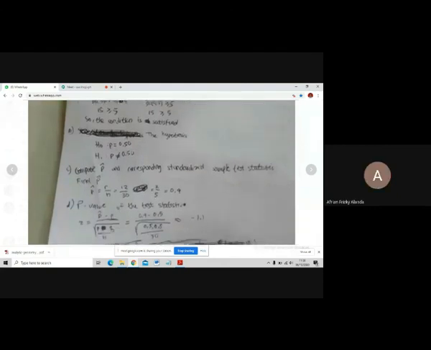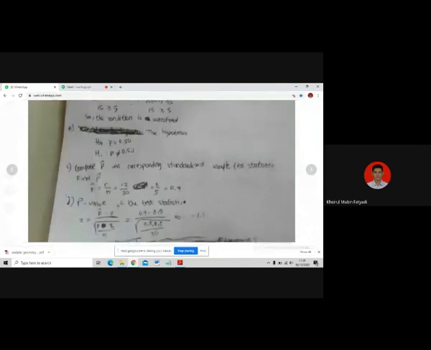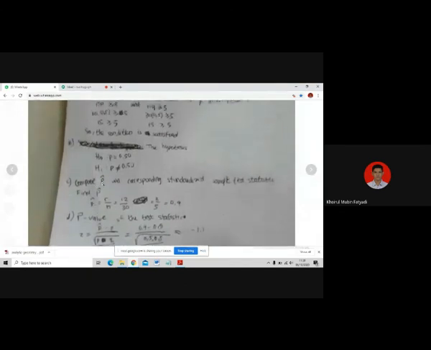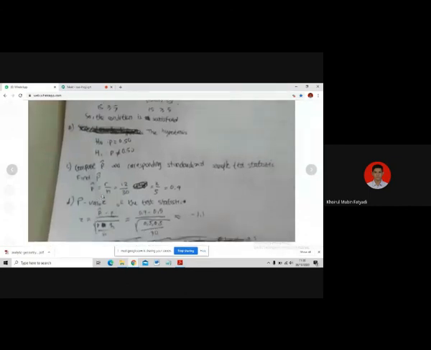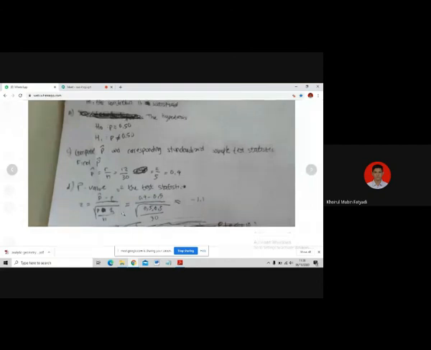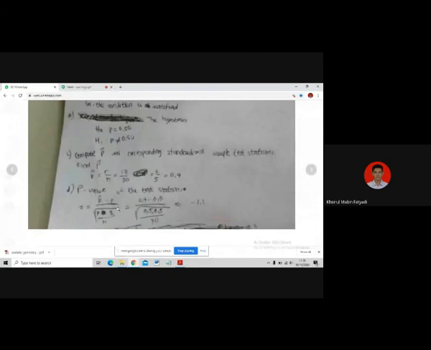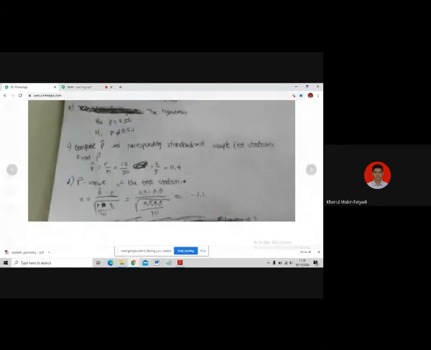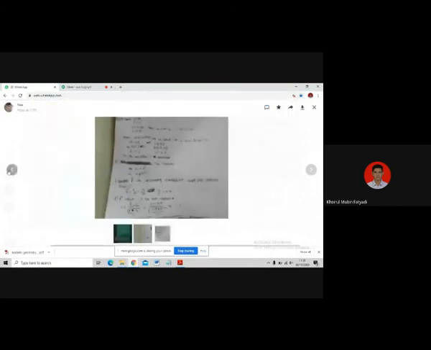And the next explanation is C. Compute p hat. p hat is equal to r per n, and we get 0.4. For the p-value of the test, we have this formula, and I compute about negative 1.1.